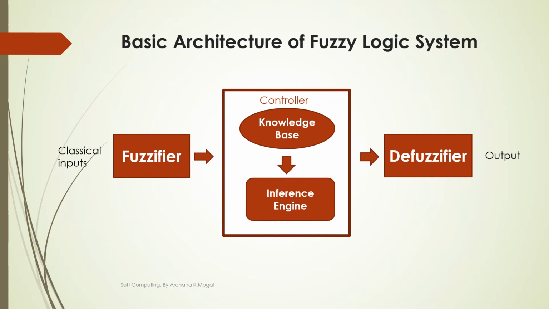Now we will see the basic architecture of fuzzy logic system. A fuzzy logic system consists of the following modules. First module is fuzzifier. It accepts the measured variables as input and converts the numerical values to linguistic variables.